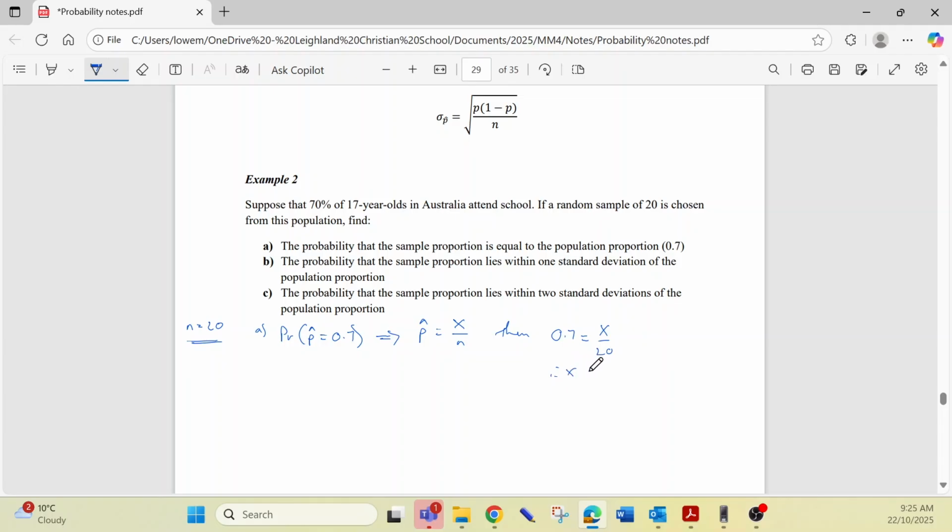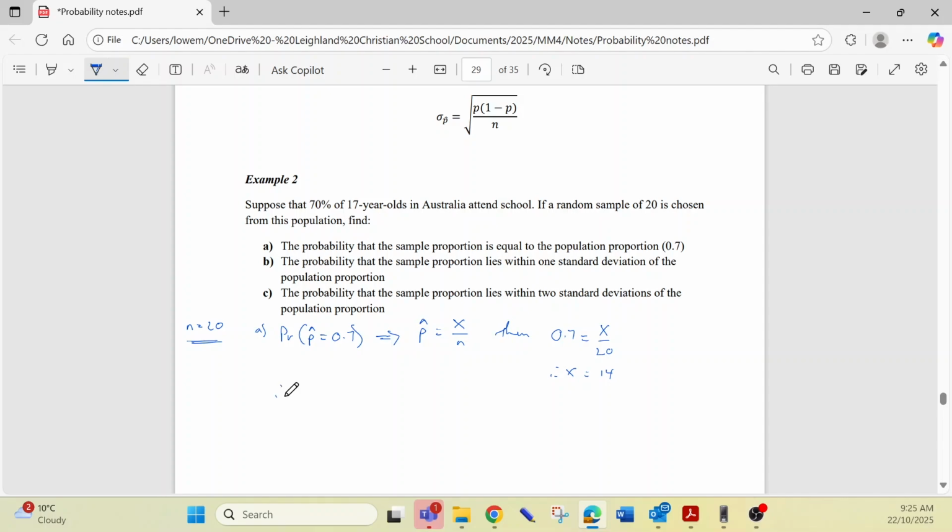Solving for x gives us 14. So specifically, we're looking at the probability that from this sample of 20, we will get 14 17-year-olds who attend school.